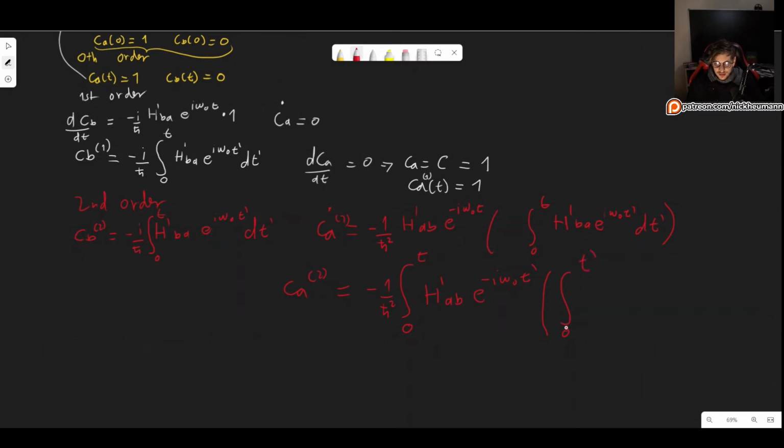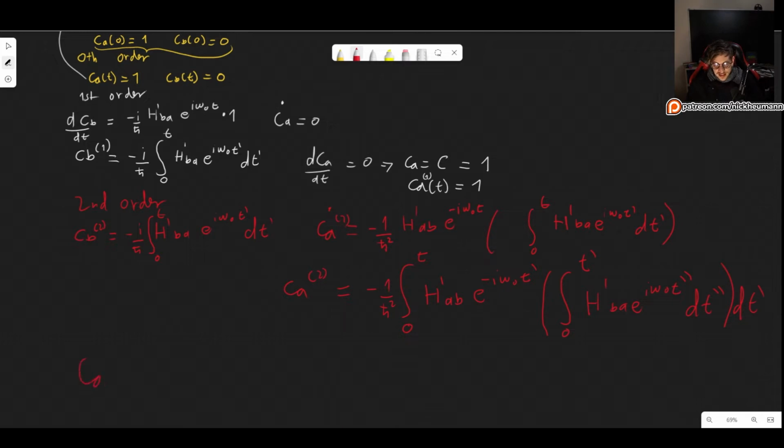The result from this goes into this integral, since we are integrating all of this. Thus, we need the result to also be inside of the integral, so the variable has to be the one inside the outer integral. So 0 to t prime, H prime BA e to the i omega 0, and now we have to be careful because we used t prime before, so let's use t double prime, dt double prime, dt prime.